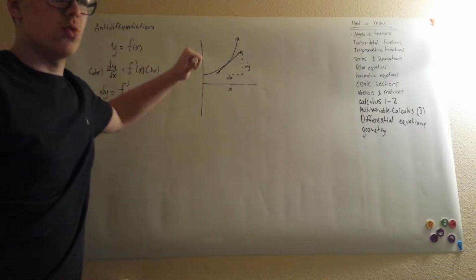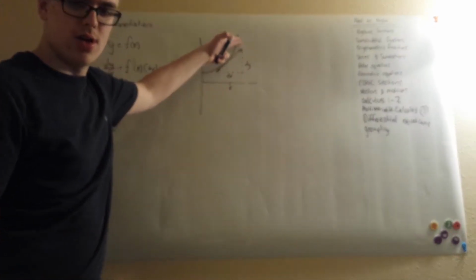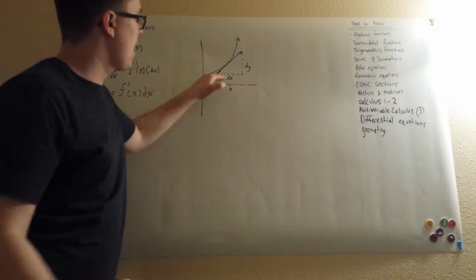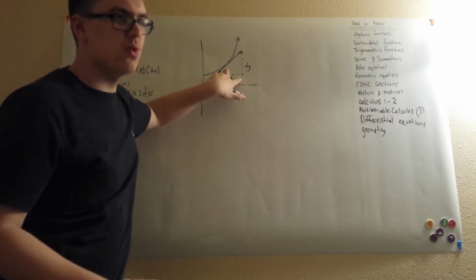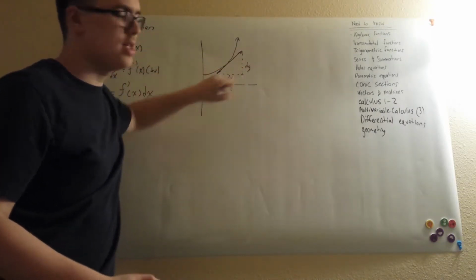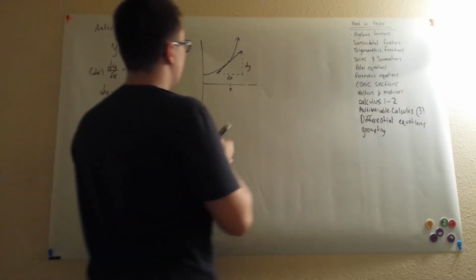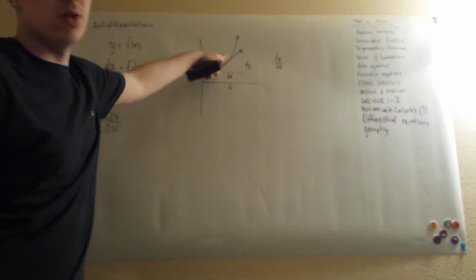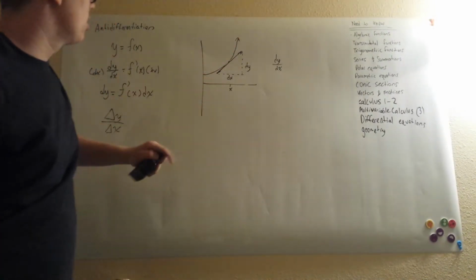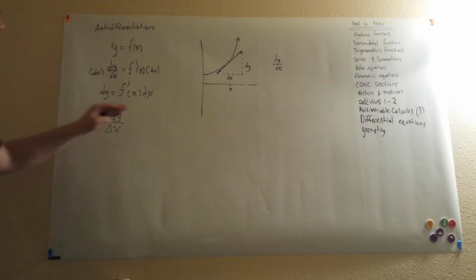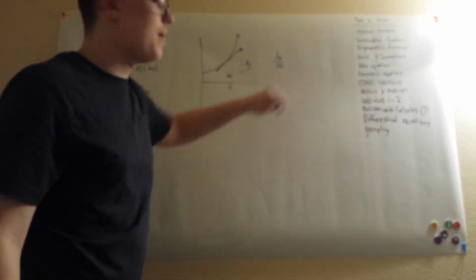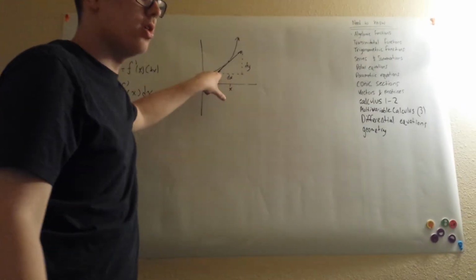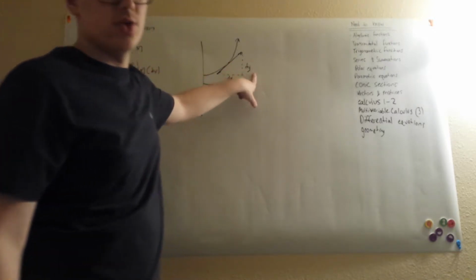Because the derivative is the slope of this tangent line at that point x. And if we find the slope of this line with dy and dx, the slope of the line would be dy over dx, which is the slope of the curve at that point. That's what the derivative is. So that's what the differentials are. And this would be the differential of x and the differential of y.